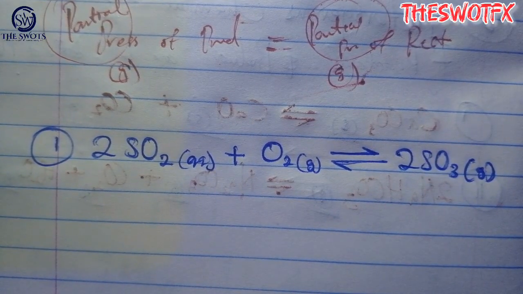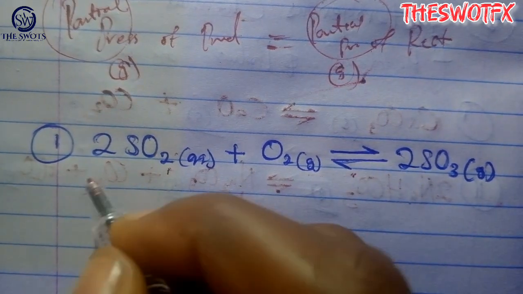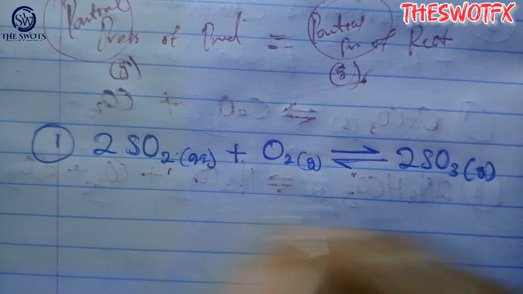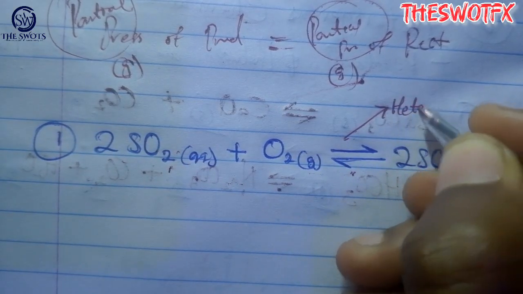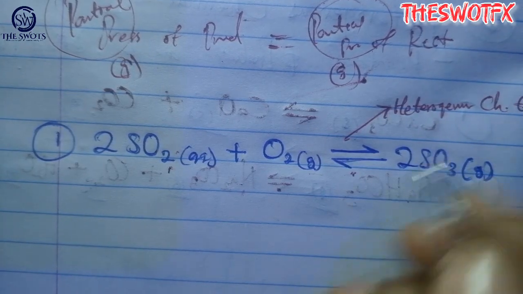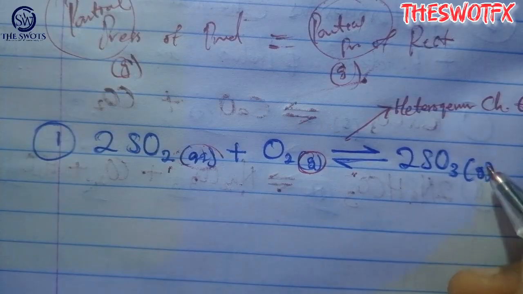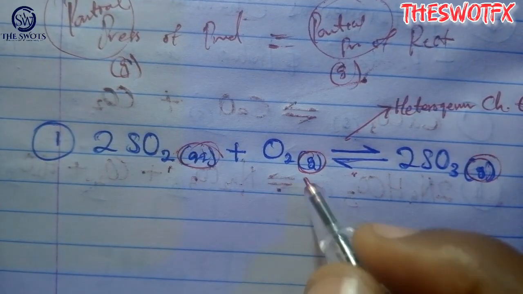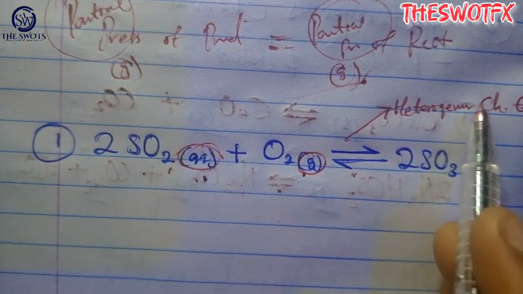First of all, this type of reaction is a heterogeneous chemical equilibrium. Why? Because we have aqueous, and we have gas. Aqueous, gas. So it is heterogeneous.